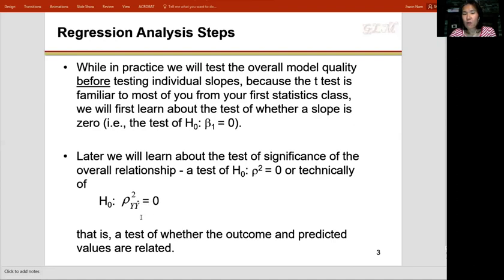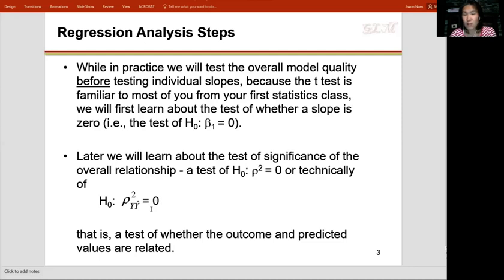So what does this mean? If the relationship is good, the value wouldn't be 0, right? If the relationship exists, we want to reject this null hypothesis. The null hypothesis says that the relationship doesn't exist.